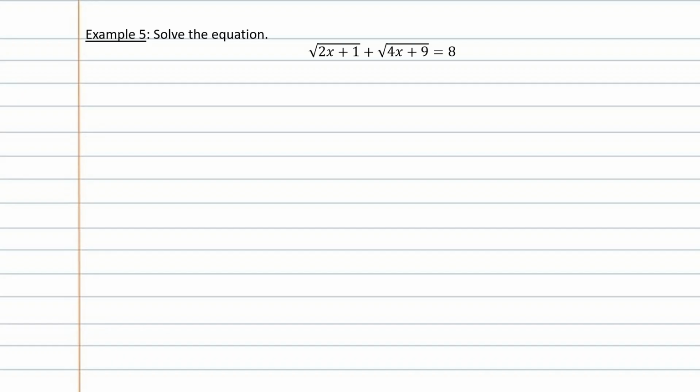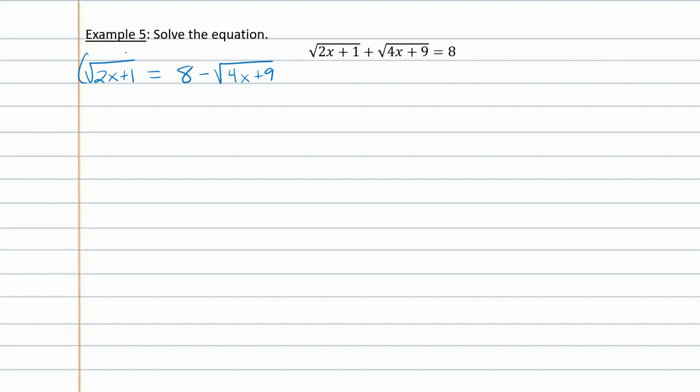All right, same thing. I want to get a single square root on one side, move everything else to the other side so that I can then square. I'm going to keep the square root of 2x plus 1 on the left-hand side. I'm going to subtract over the square root of 4x plus 9 to the right-hand side.